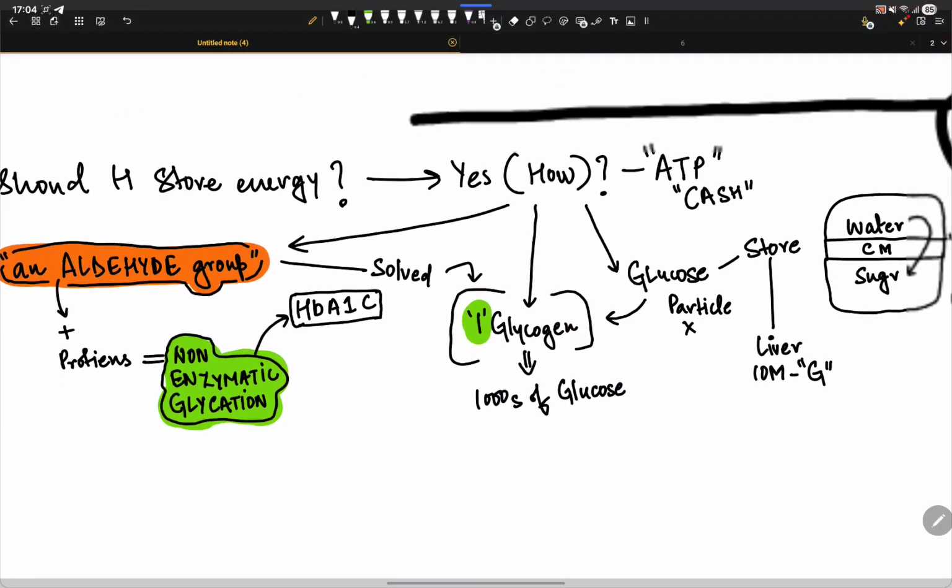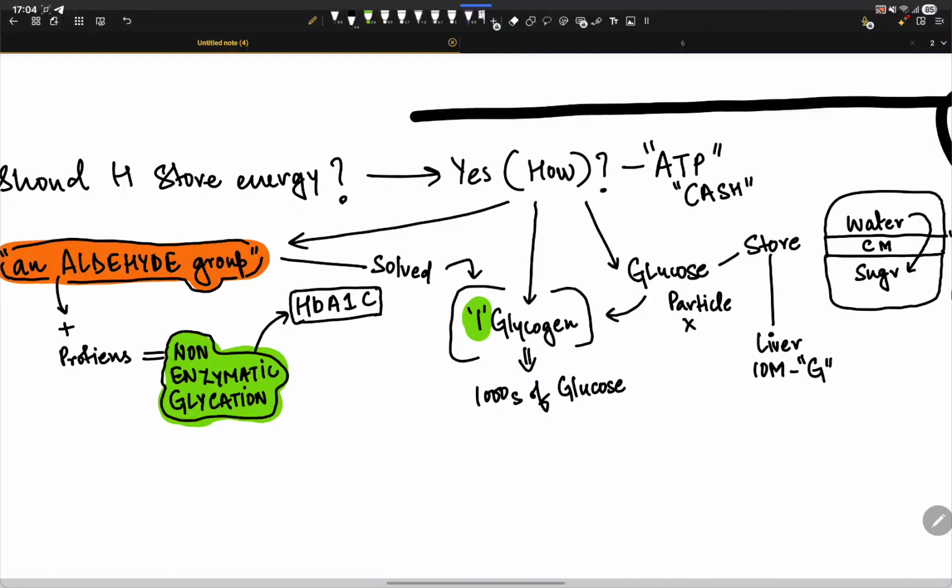Fat is also incredibly high in energy. Do you know that 1 gram of fat has 9 calories, and carbs actually have just 4, right? So fat is incredibly high in energy. Why don't we just keep everything as fat then?